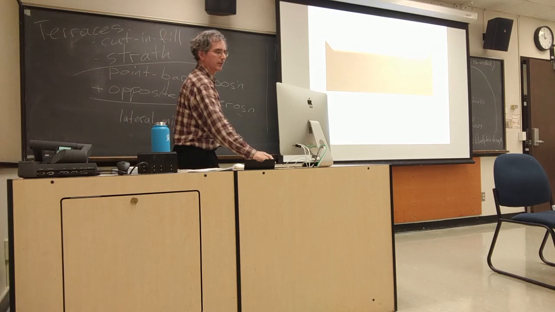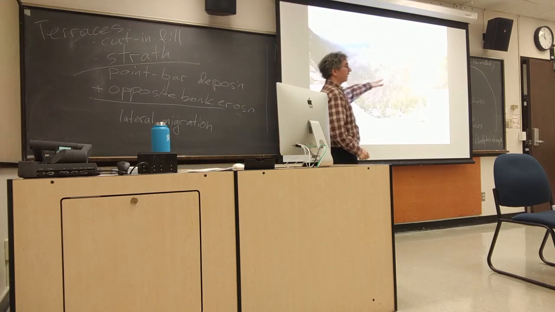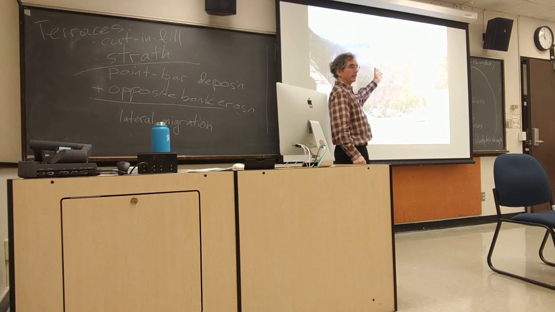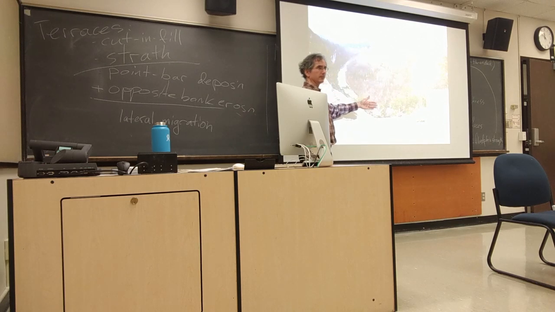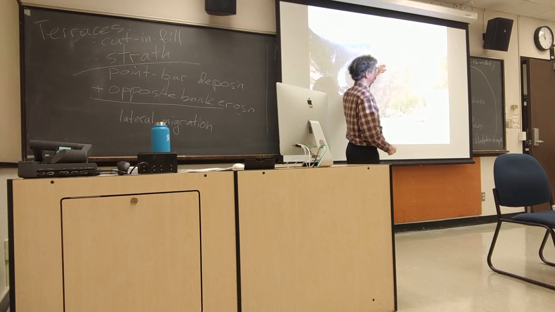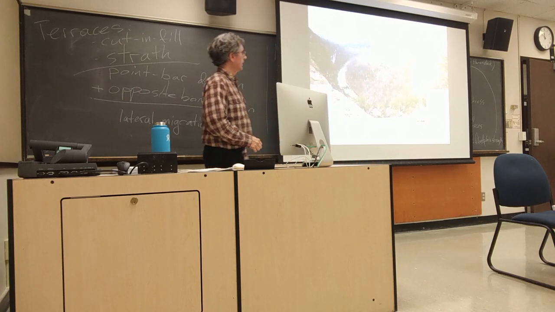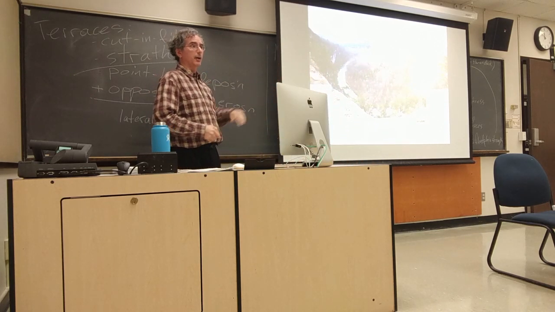Consider how rapid it has to be relative to this case, where we have probably lateral migration faster than vertical incision, but not a lot faster. In the time that it takes the river to cut down, the river moves out that much. And so we don't bevel off a big wide strath.